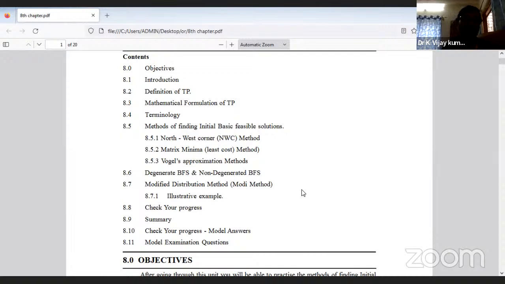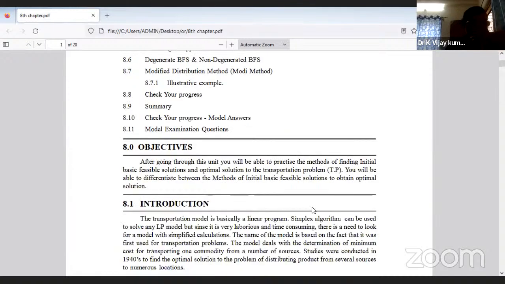Vogel's approximation method, degenerate and non-degenerate basic feasible solutions, and the modified distribution method, which we call the MODI method. This is also very important. We can also learn the illustrative examples here.